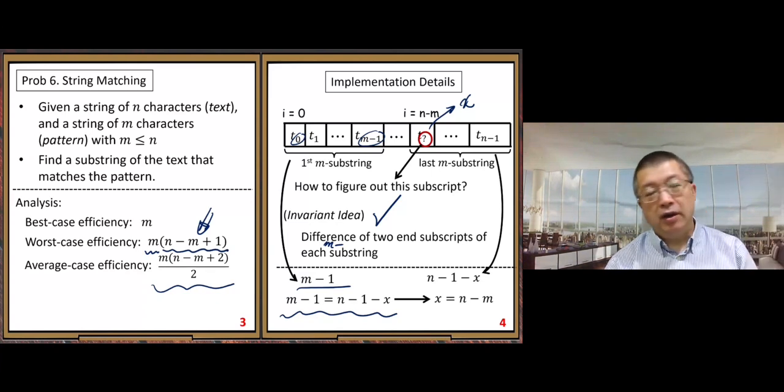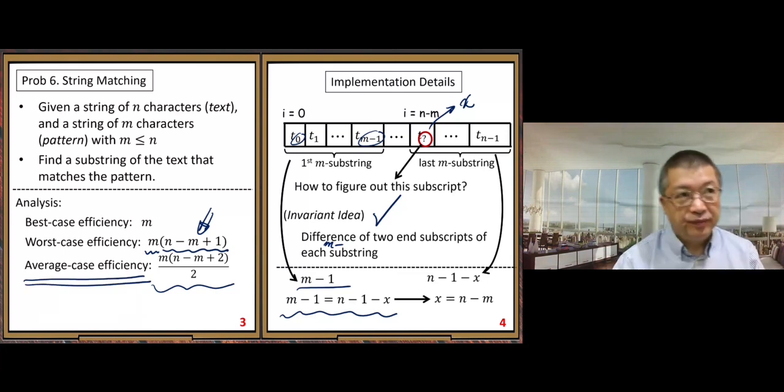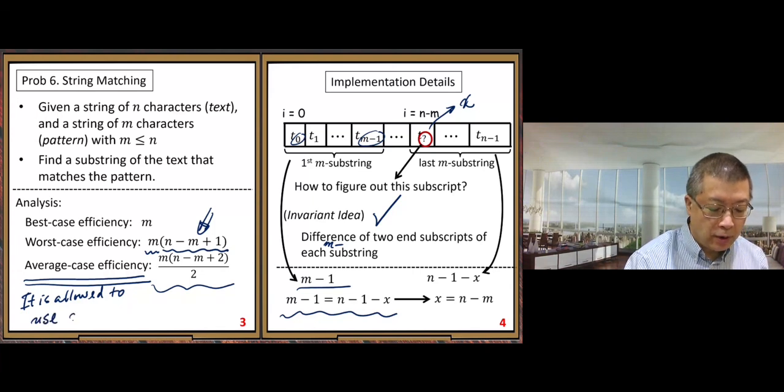Here, one comment. When I ask you for the average case efficiency, it is allowed to use a non-integer number, fraction numbers.